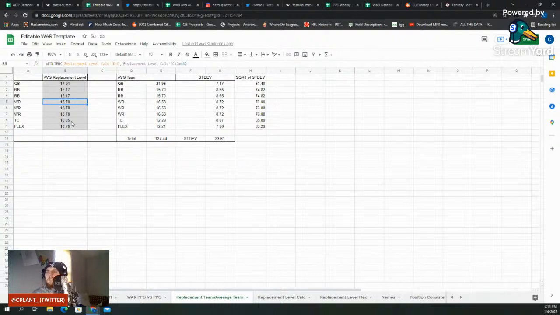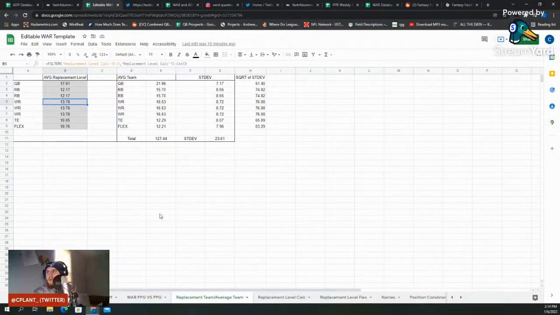It wouldn't make any sense for them to be part of the average for replacement level, because it was just boosting everything up. It was making the replacement level for all the positions too high, so that it didn't make theoretical sense, right?